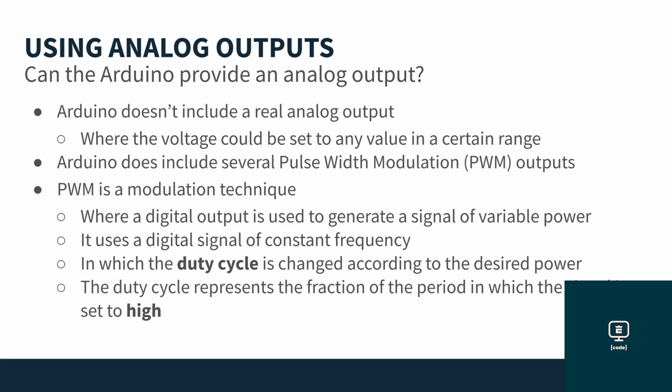And this can accomplish a simulation of an analog output. You can find links below this lesson to learn more about duty cycle and PWM. You're going to use yours to control the brightness of the LED, just like how much voltage would go to it. In this case, it's going to be controlled by that duty cycle.